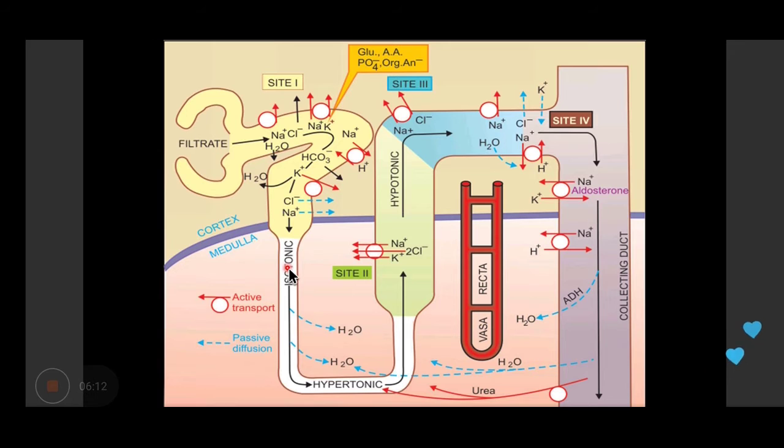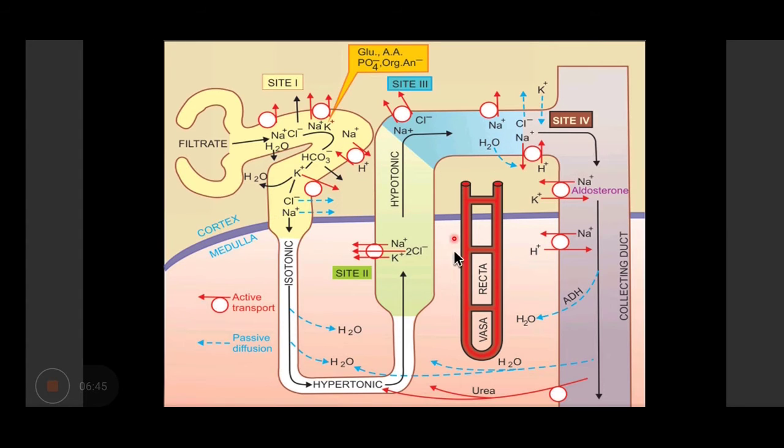This diagram I've taken from K.T. Tripathi only. This is showing you all the sites of solute reabsorption, the major sites. And these are the sites that are blocked by the diuretics, so that the ion reabsorption does not occur and all those ions are lost in the urine along with water. The first site is site 1, which is the proximal convoluted tubule.